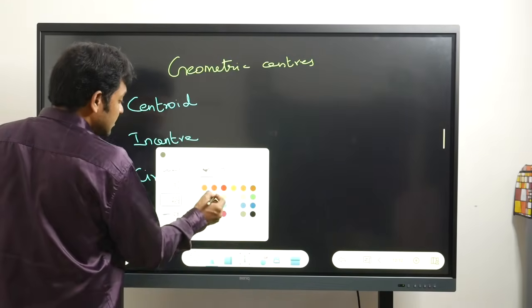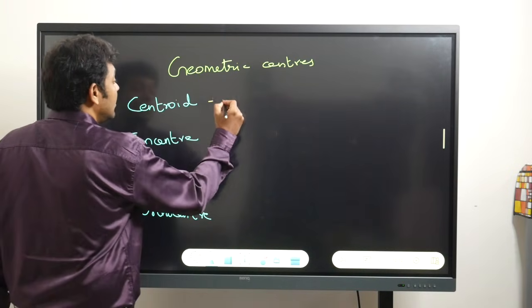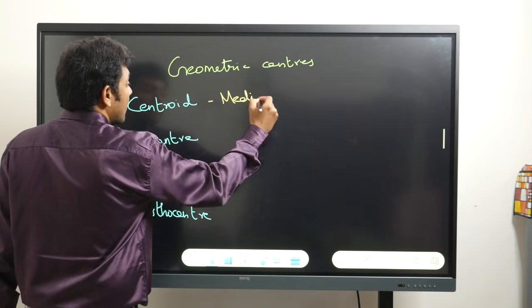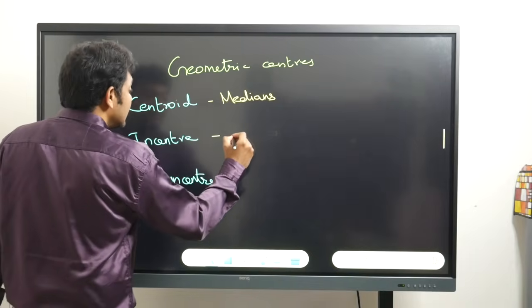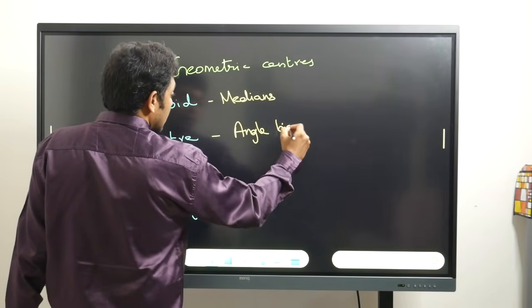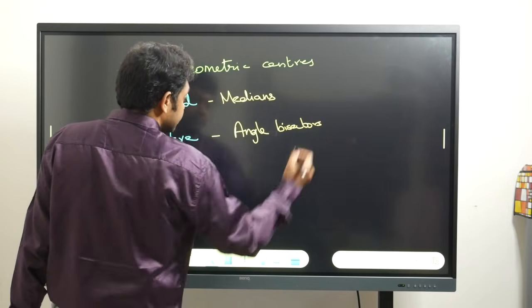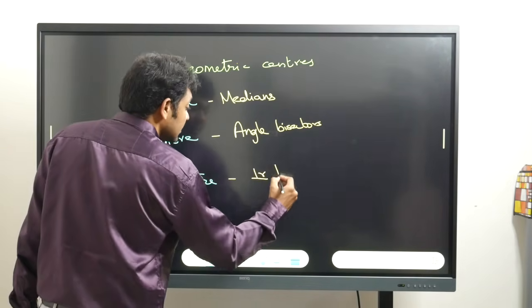Now what are the centroid, incentre, circumcentre and orthocentre? Centroid is the intersection of the medians. Incentre is the intersection of the angle bisectors. Circumcentre is the intersection of the perpendicular bisectors.